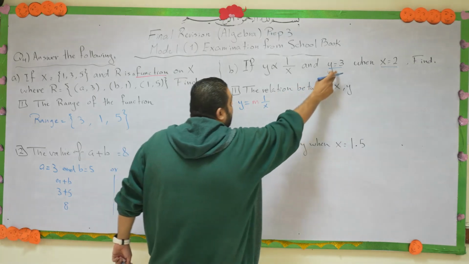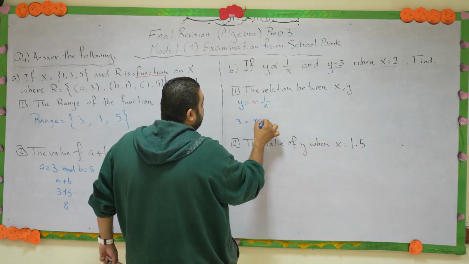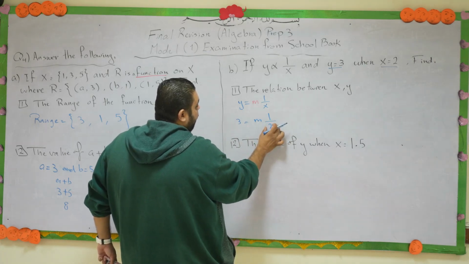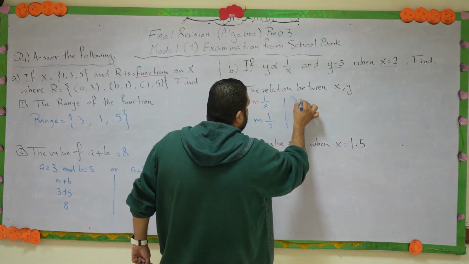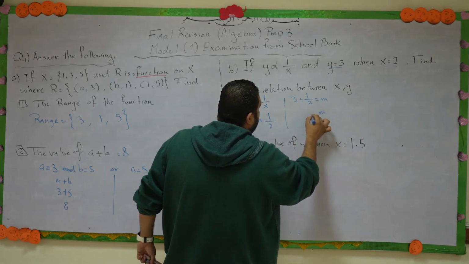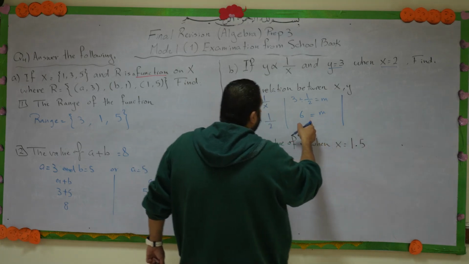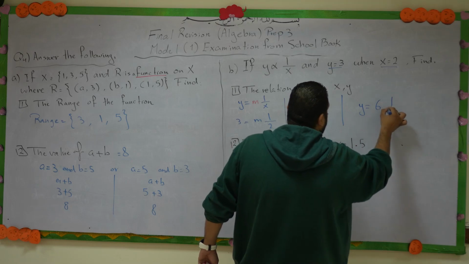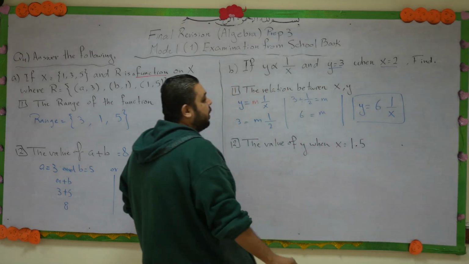So we substitute y by 3 and x by 2. To get m, we move the half to the other side by dividing. So 3 divided by a half equals m. So m equals 6. We found m, put it in the relation. So y equals 6 times 1 over x. And this is the relation between x and y.